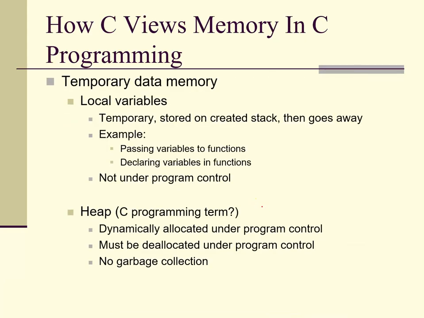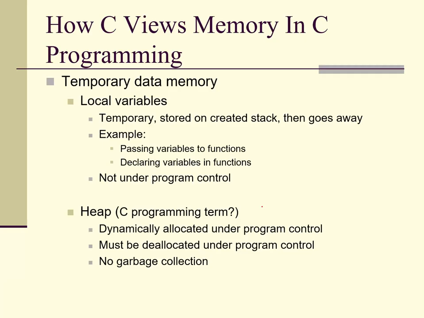So temporary data is essentially local variables. They're passed on the stack, or they're created inside functions. Passing variables to functions and declaring variables in functions is all done on the stack. It's all temporary, and it's all done under program control.